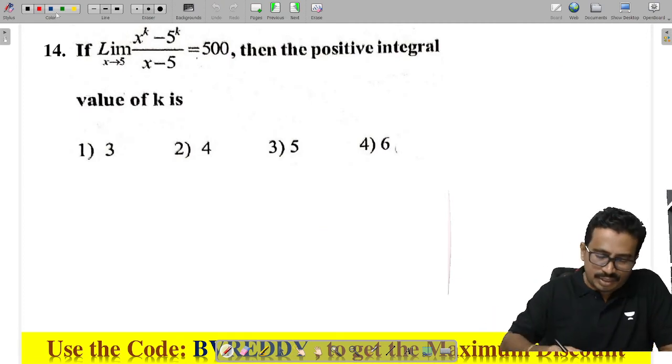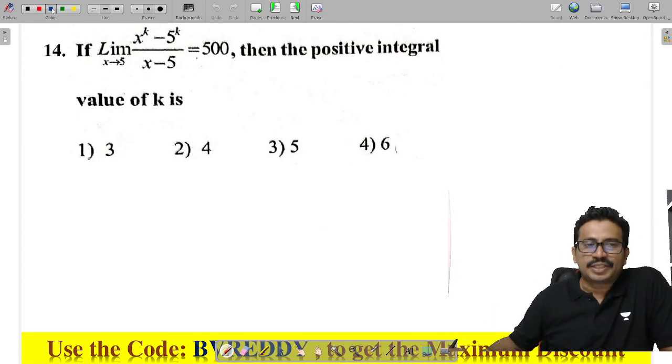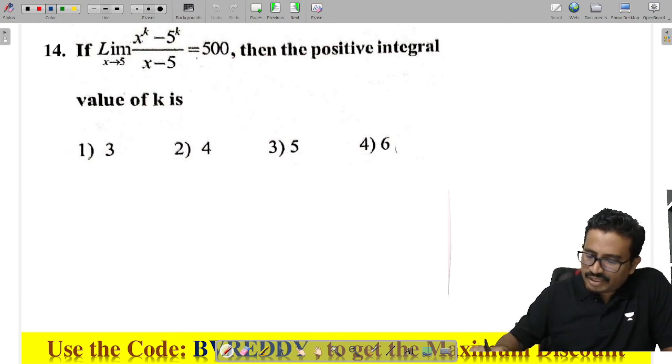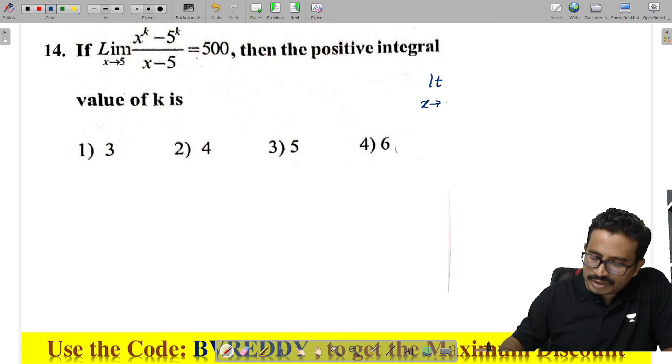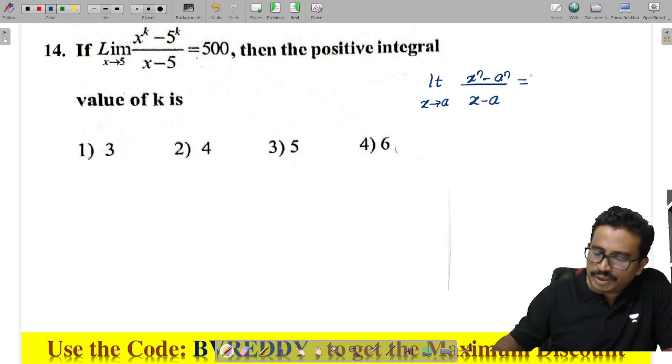Next, limit x tends to 5, x power k minus 5 power k, by x minus 5. I hope you have all studied the limit x tends to a, x power n minus a power n by x minus a, which is given as n into a power n minus 1.